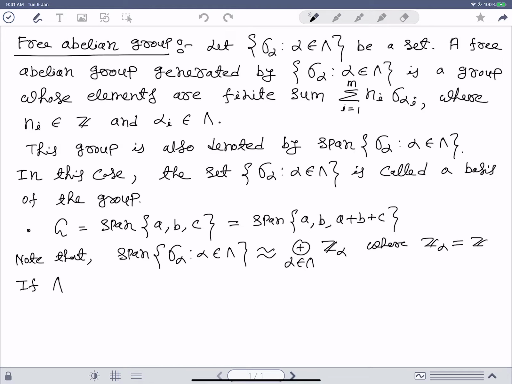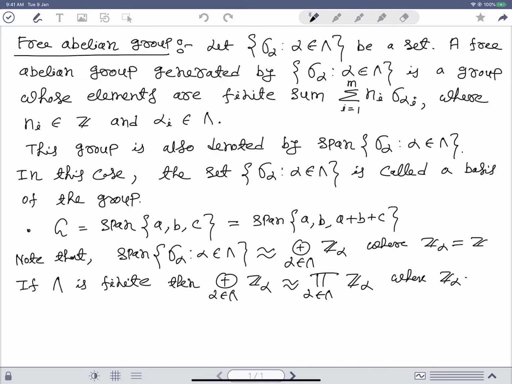So, if lambda is finite, then this direct sum of Z is isomorphic to the product of Z. Okay, so when will this be different? We know that if lambda is infinite, then this direct sum and the direct product will be different.